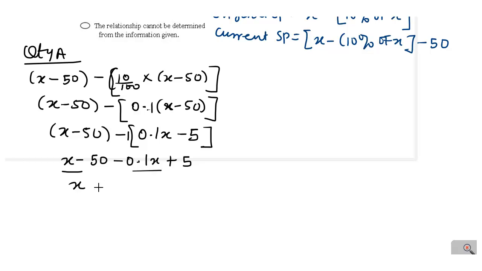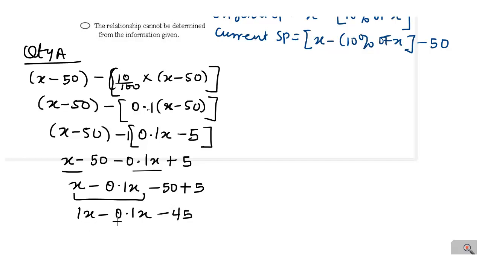terms. So we have x minus 0.1x, then minus 50 plus 5. This x minus 0.1x is more like saying 1x minus 0.1x, and minus 50 plus 5 is minus 45.